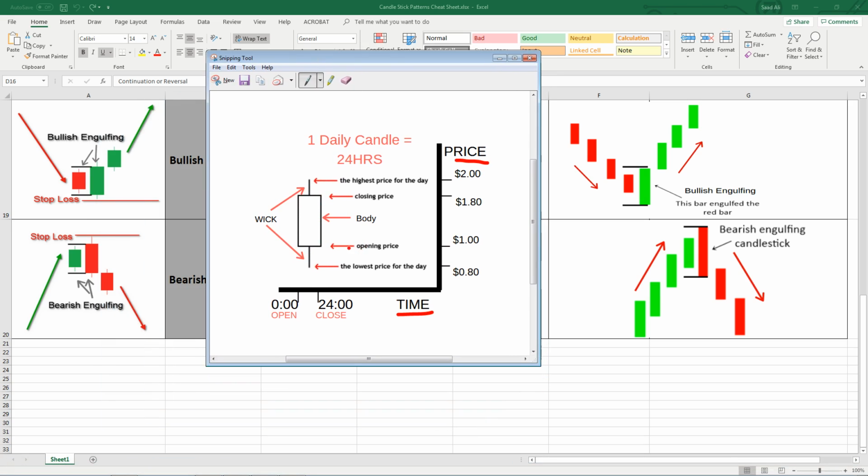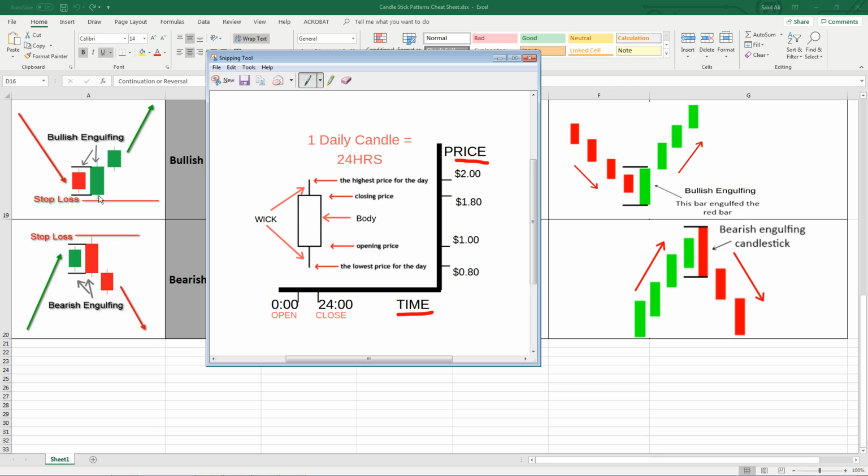Why we need to know this is because this was the open price and this was the close price. When price was coming down and this candle opened, price was here, and when it closed, price was here. That's telling you buyers came in and hammered the price up, and it engulfed. See how this engulfed this candle completely?